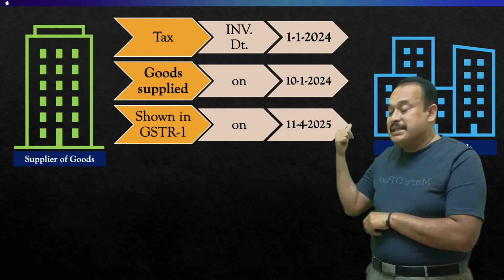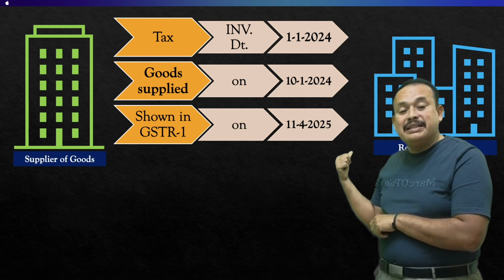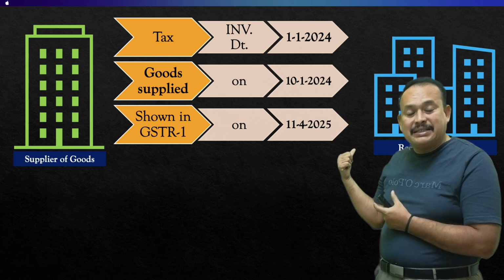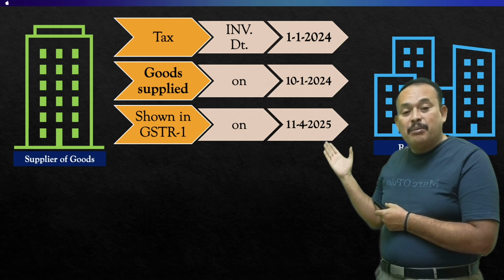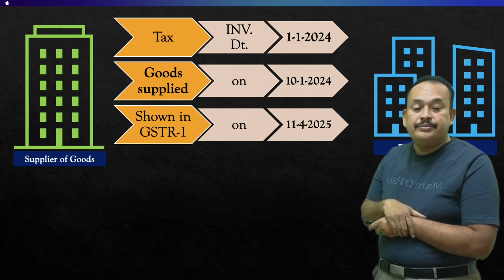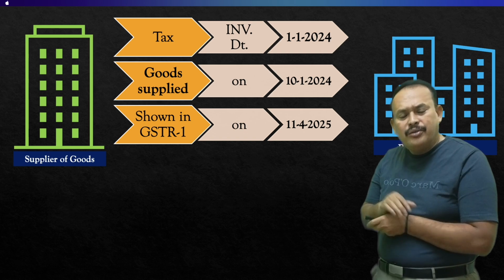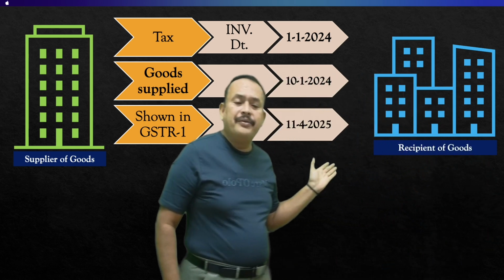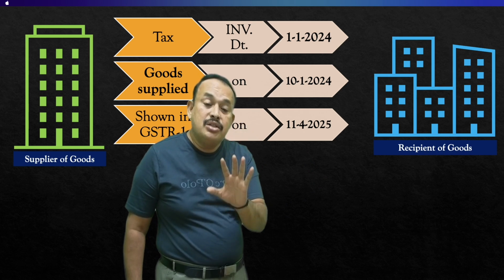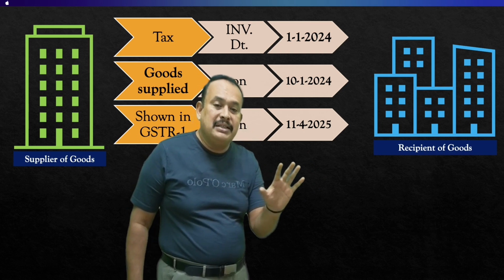He is getting the credit in the GSTR 2B return, reflecting that credit in the month of April 2025. Is ITC allowed for the recipient of the goods? Let us see what Section 16, subsection 4 says.